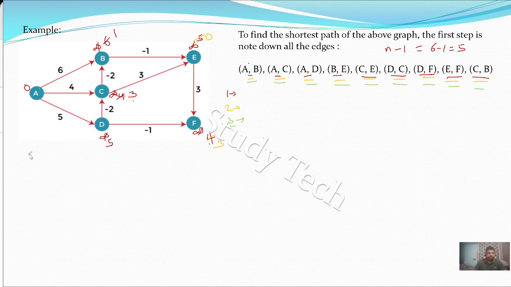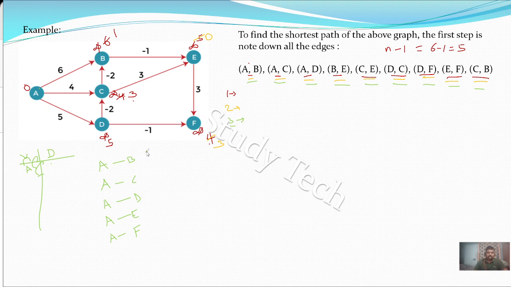So what is the distance from here? These are the vertices, and here it is the distance. A to A is 0. You can see A to B, A to C, A to D, A to E and A to F. So what is meant by A to B?